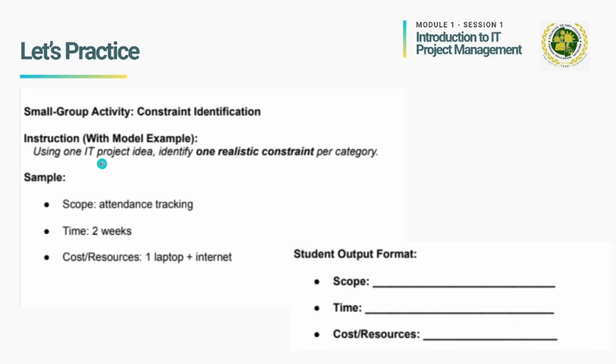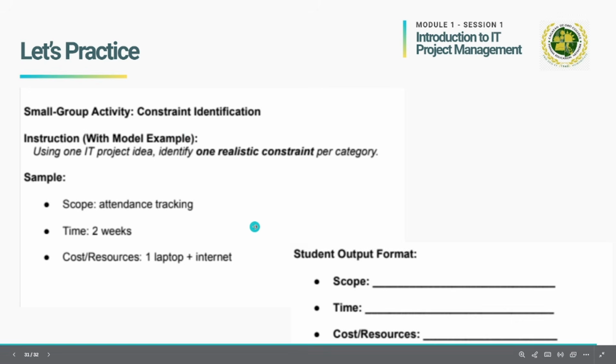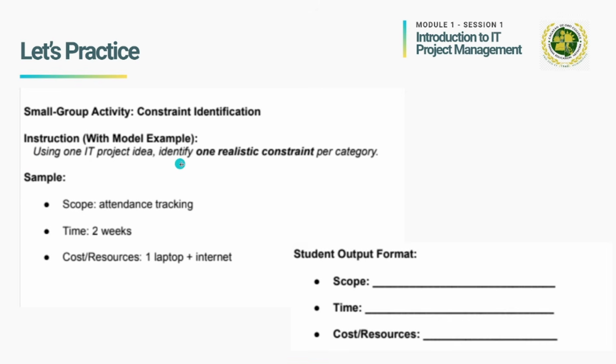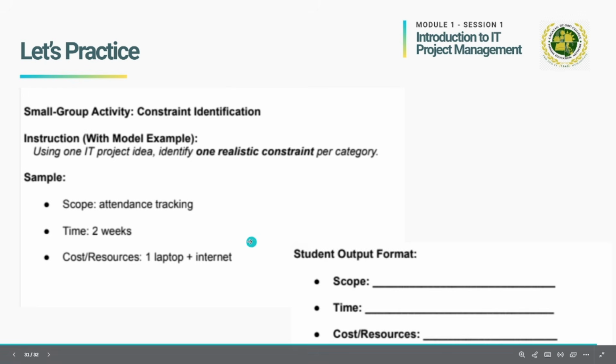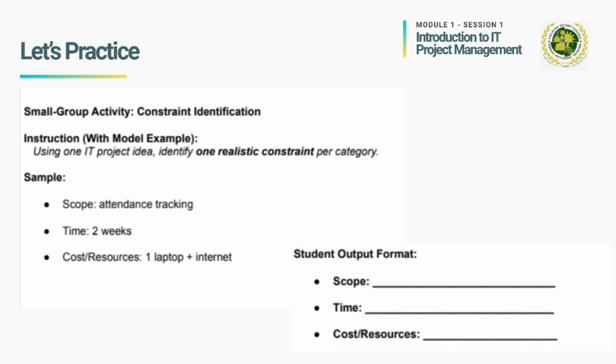You have to read the instructions carefully so that you can answer this and submit your papers. Using one IT project idea, identify one realistic constraint per category. You have to label scope, time, cost, and resources. The quality is my feedback, that's the quality. That's the feedback on whether your specific project is realistic or not.